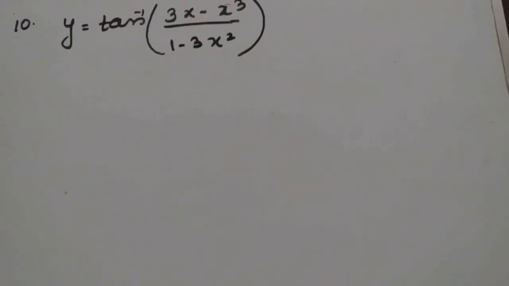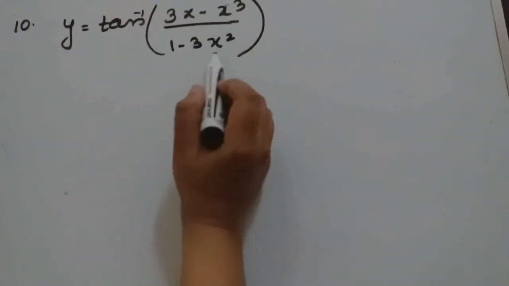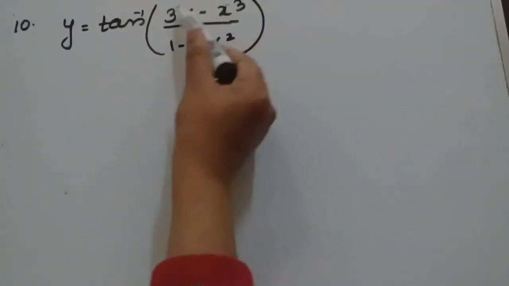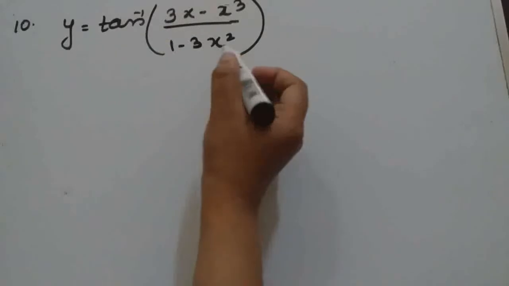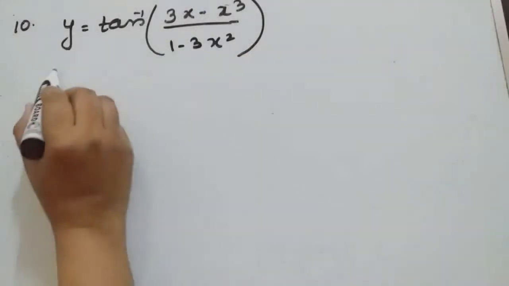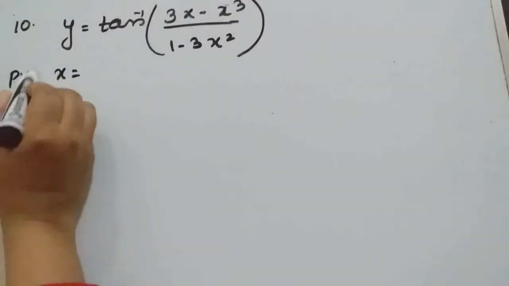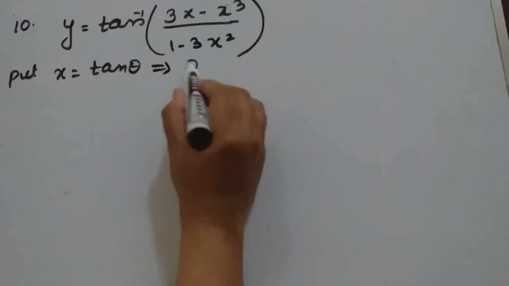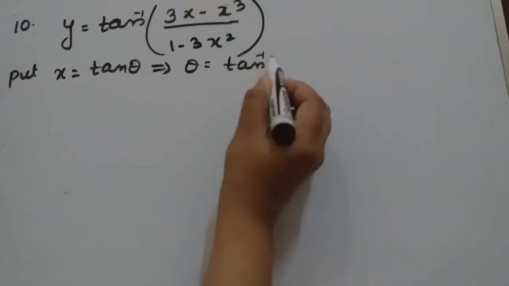Y equal to tan inverse of 3x minus x cube by 1 minus 3x square. Now if we observe the bracket term, this is like one formula of tan theta. So here we can substitute, put x equal to tan theta, which implies the theta value is tan inverse x.